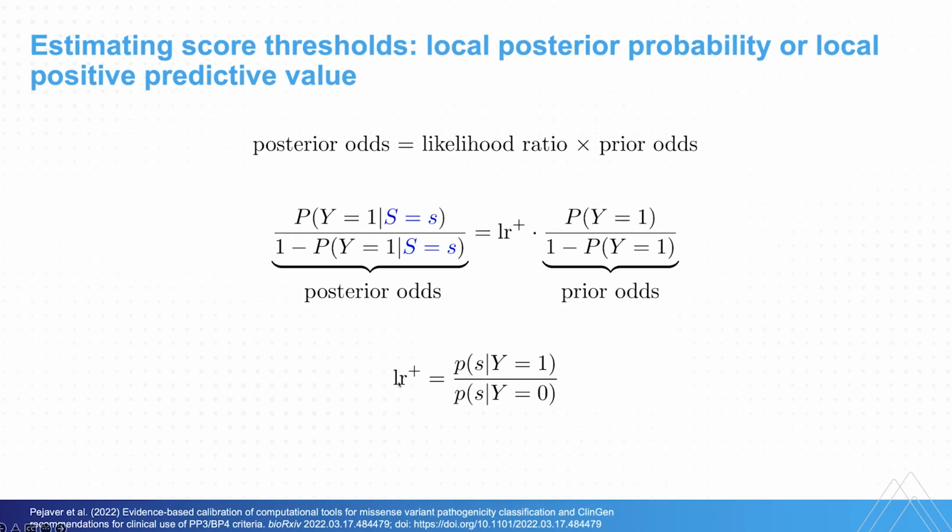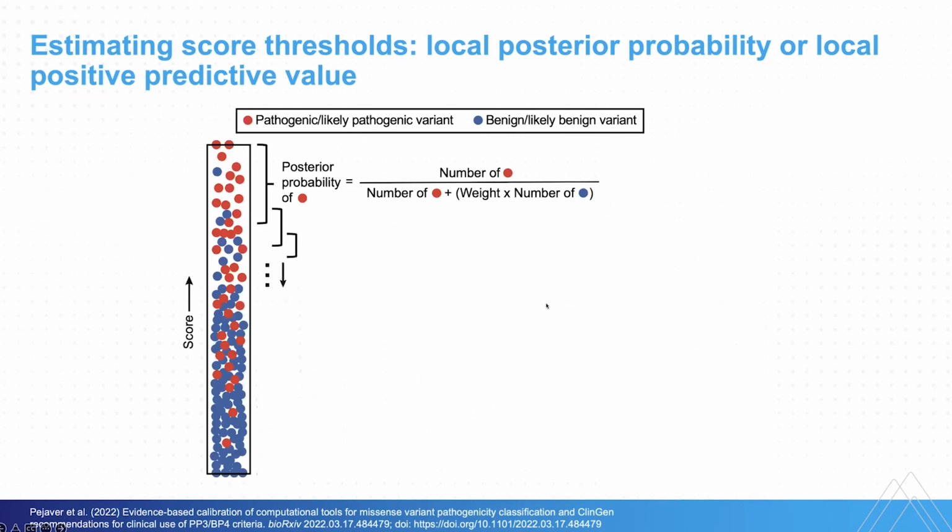And we denote this with a lowercase LR plus here. The way we compute this is by estimating it on a known set of pathogenic and benign variants. If you had a data set where you knew how the variants were classified, you can run your predictor on that data set, get scores for each variant, and organize it in this fashion. Let's say hypothetically we go from 0 to 1, where 0 is benign and 1 is pathogenic. The variants would land in a certain fashion along these scores.